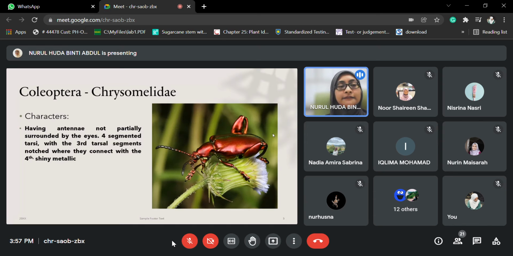Now we have second group, which is chrysomelid. Here I put, they have an antenna not partially surrounded by the eyes.